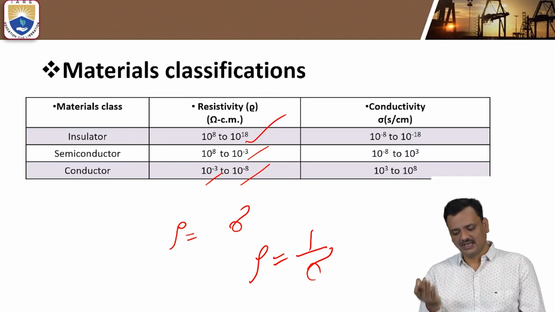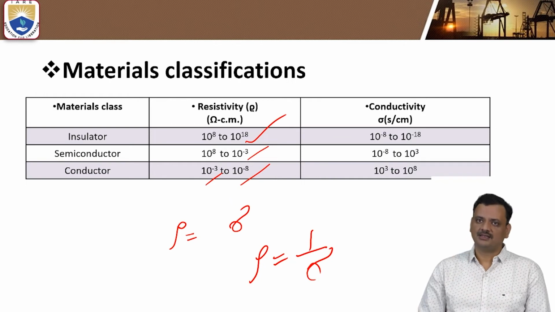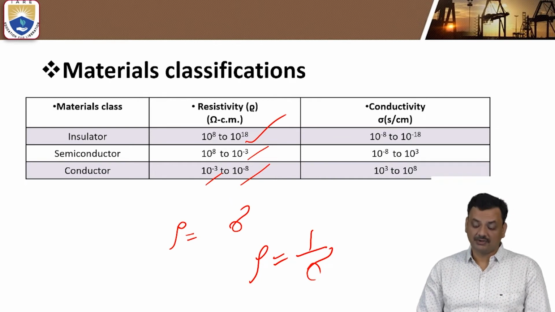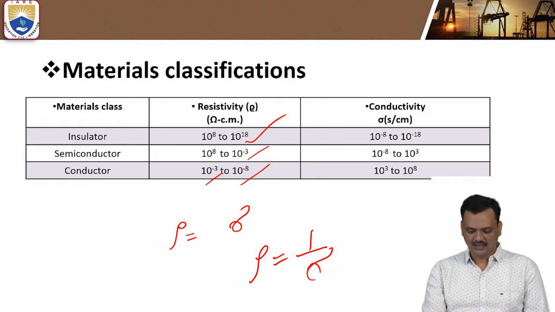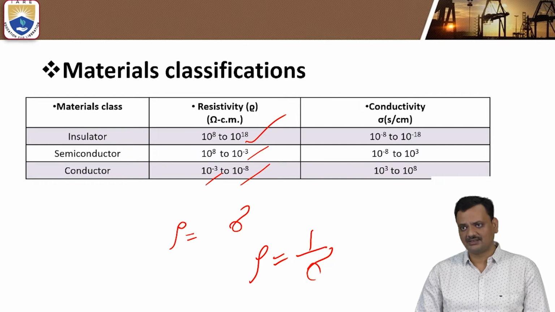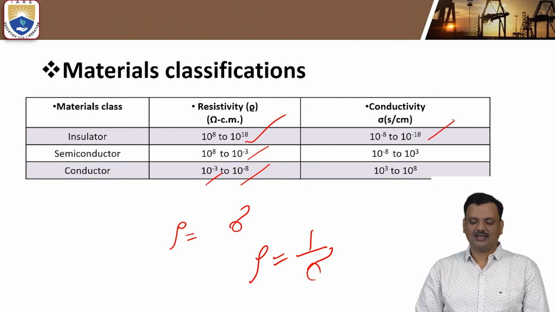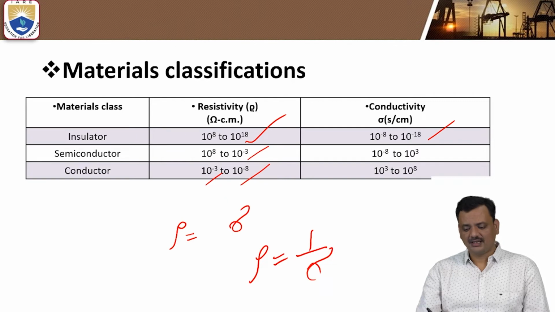So, the same thing, if you want to define this classification in terms of conductivity, you have to invert that order. So conductivity lies between 10 to the power minus 8 and 10 to the power minus 18 in the case of an insulator. See how low the conductivity is. But in the case of a semiconductor, it will be 10 to the power minus 8 to 10 to the power 3 Siemens per centimeter.